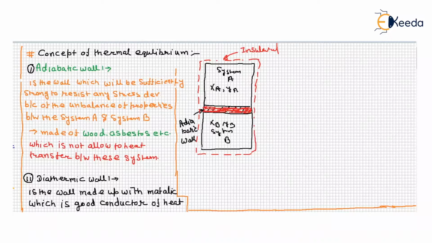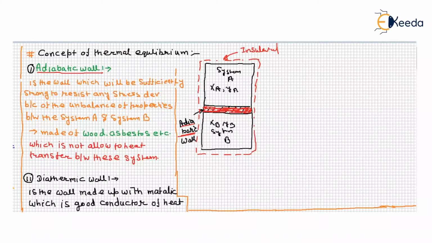Adiabatic. What is that? An adiabatic wall is a wall which is sufficiently strong to resist any stress developed because of the unbalance of properties between system A and system B. That means if system A has property XA and YA, and system B has property XB and YB, and system A's properties are different from system B's, the system properties are unbalanced.